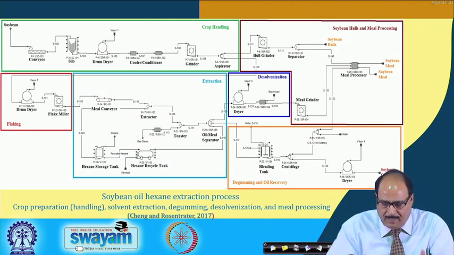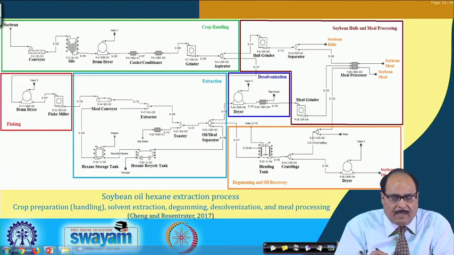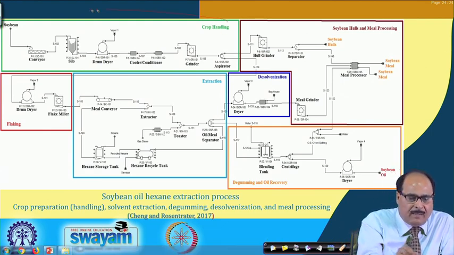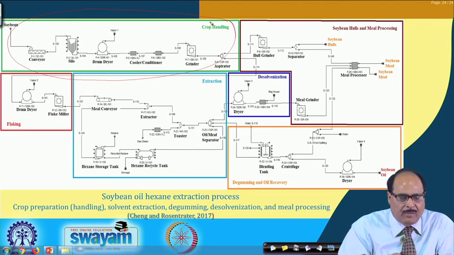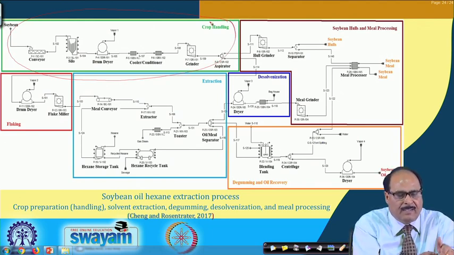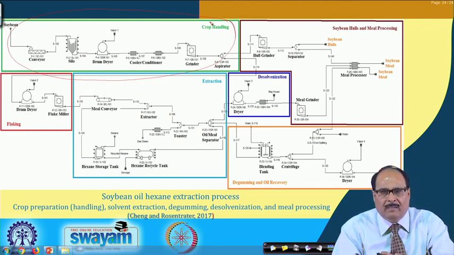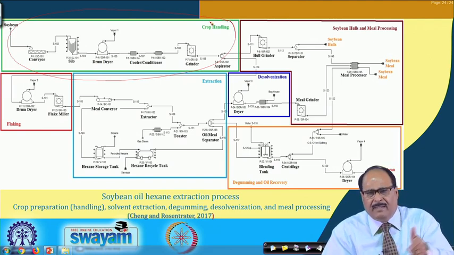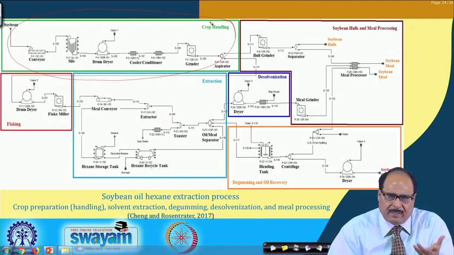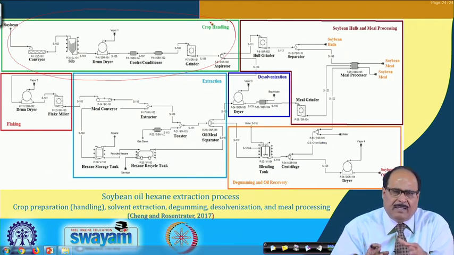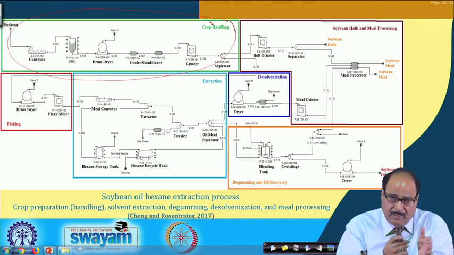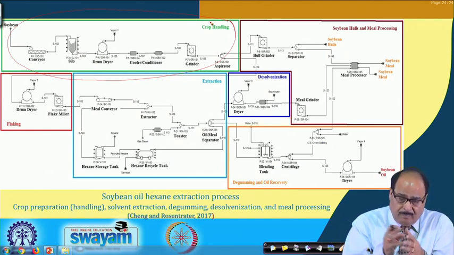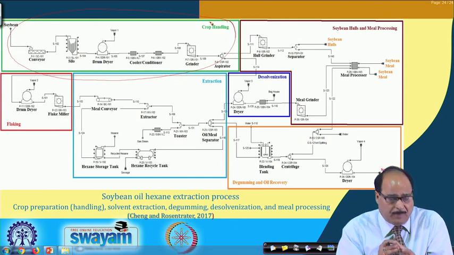So, you can see in this process flow chart and diagram that this unit is basically the crop handling unit, where the seed is coming. It is basically for soybean oil extraction and meal processing, but it can be used for any other seed, even groundnut and all those things, with little variations in one or two equipment or in the process parameters.